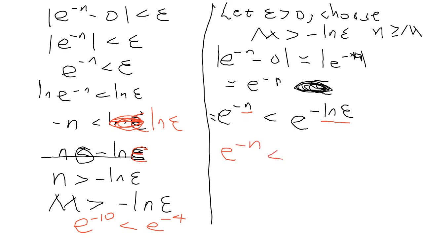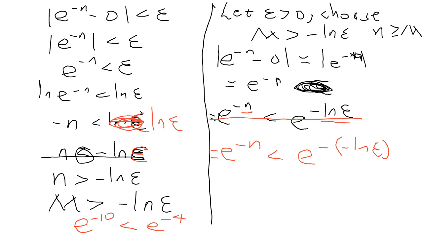So to make it work out, we're going to carry the negative number there. I made a mistake again. Oh boy. Scratch this line right here. E to the negative n is less than e to the negative ln epsilon, replacing the n.